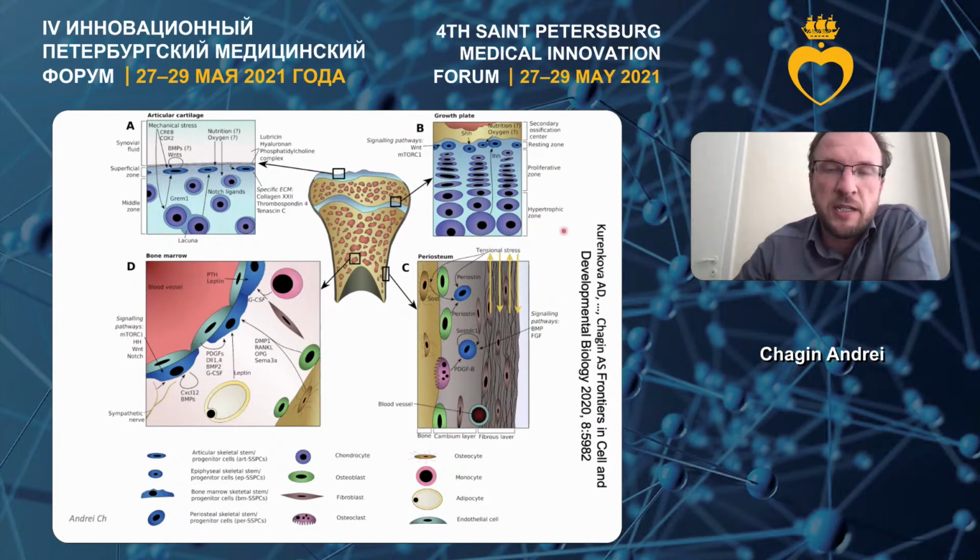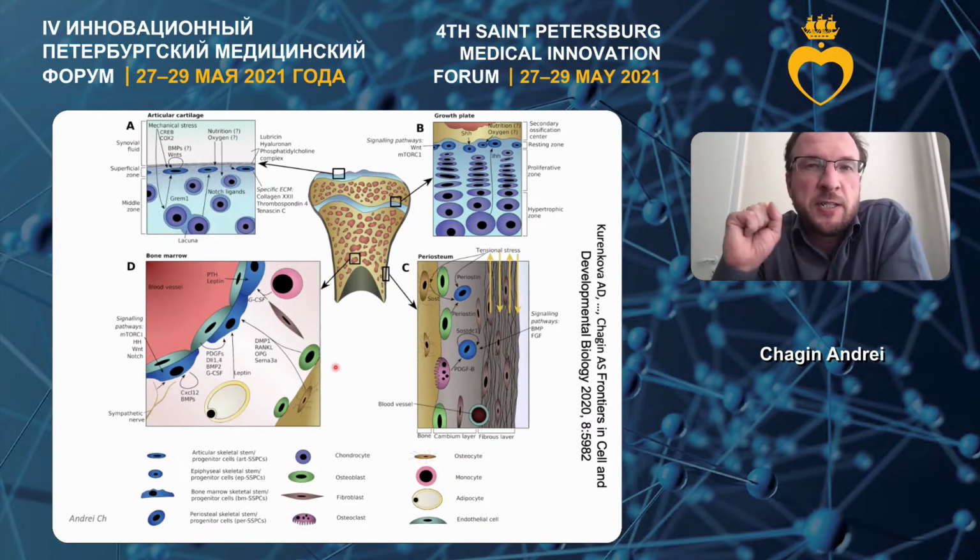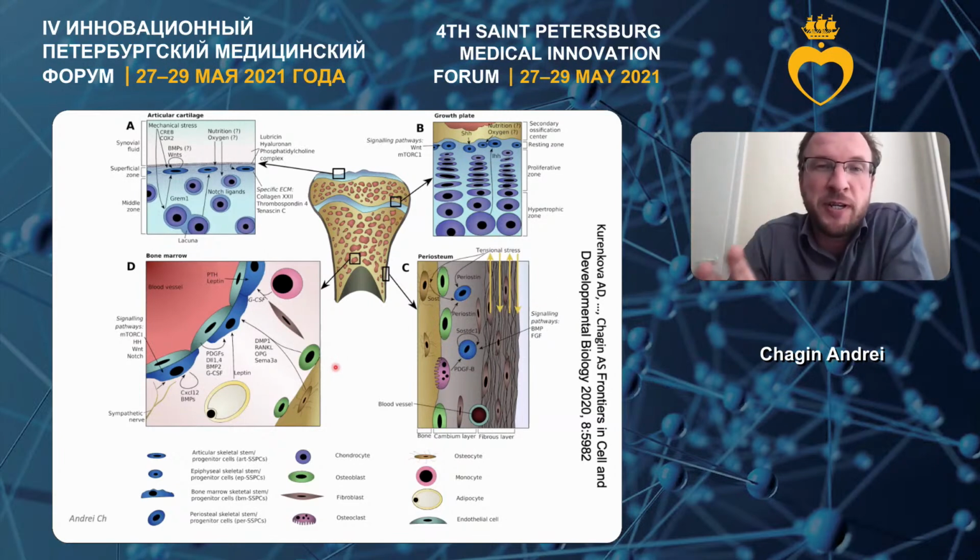What unites all these stem cells is that the definition of these cells as stem and progenitor cells comes from lineage tracing.